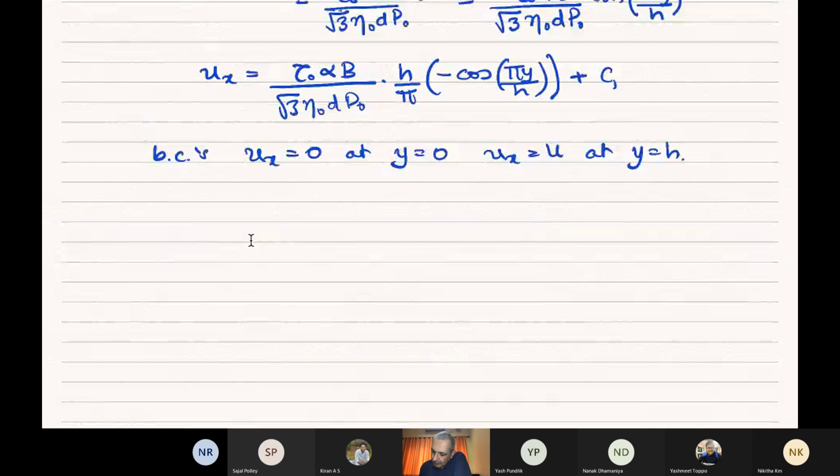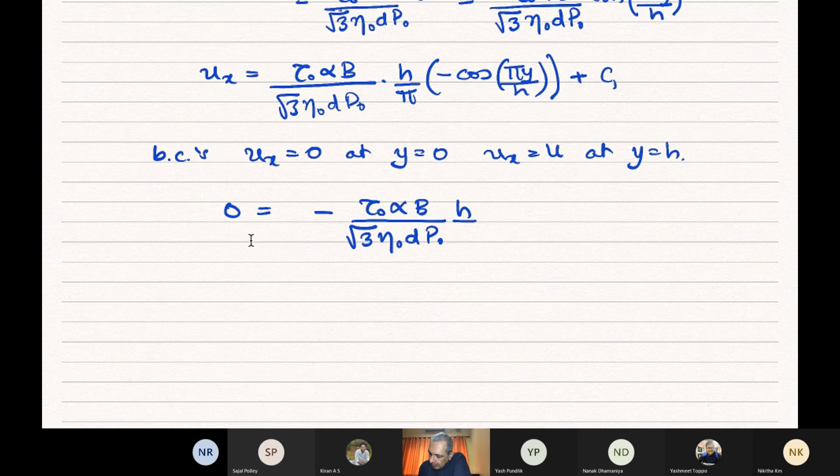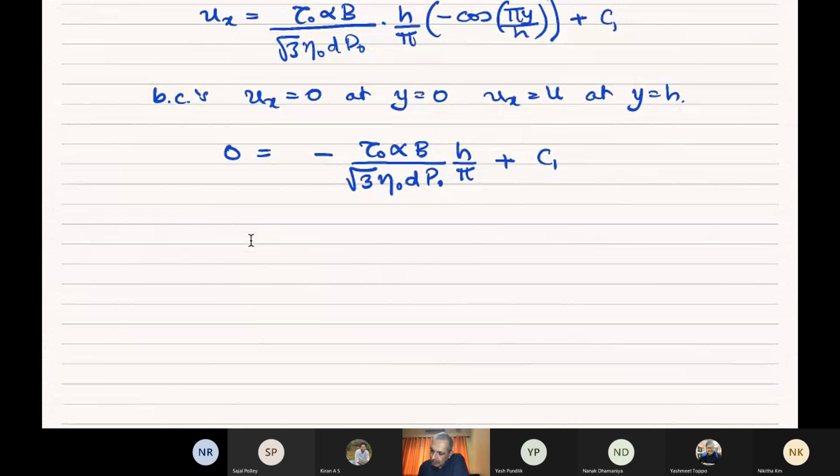So we have 0 is equal to minus tau 0 alpha b divided by root 3 eta 0 d into p0 into h by pi plus c1, correct?